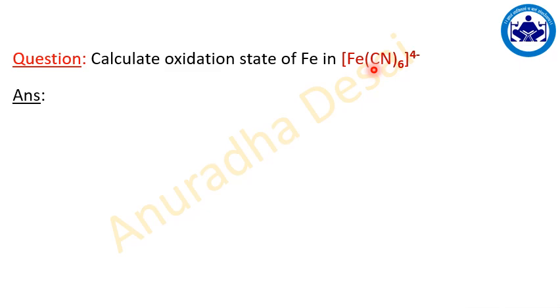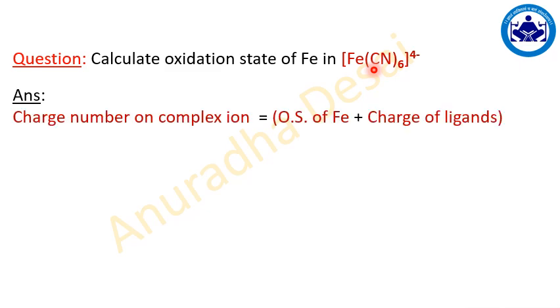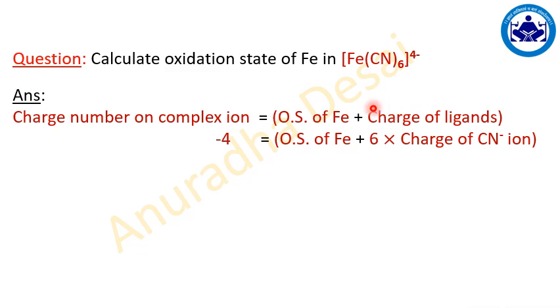So my answer will be, first step, I am going to write the formula, that is charge number on complex ion is equal to oxidation state of Fe plus charge of ligand. Now I'm going to substitute the values. I know the charge number on complex ion will be -4.